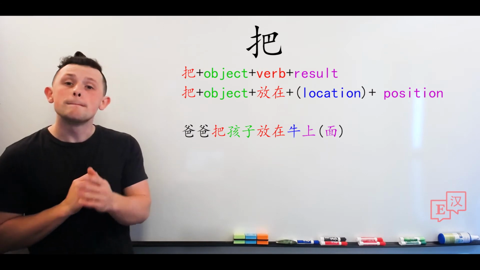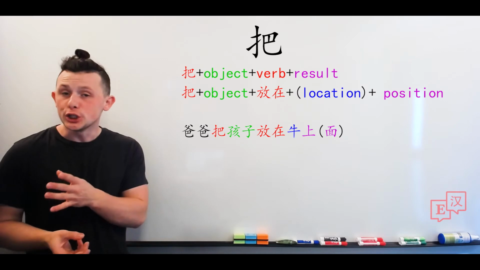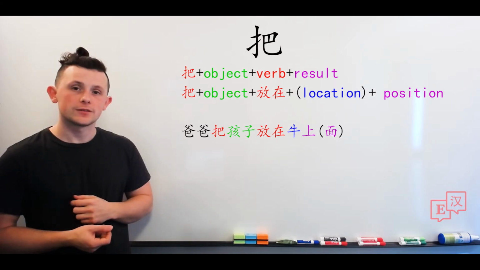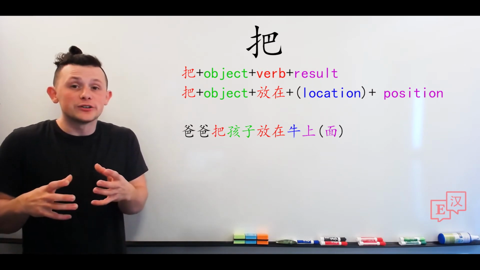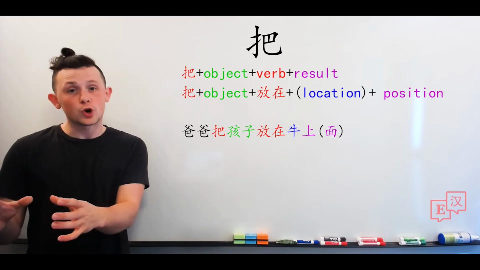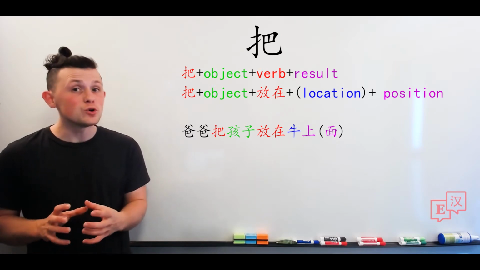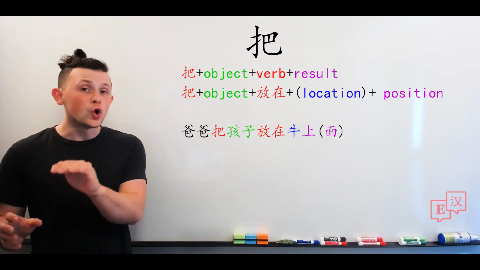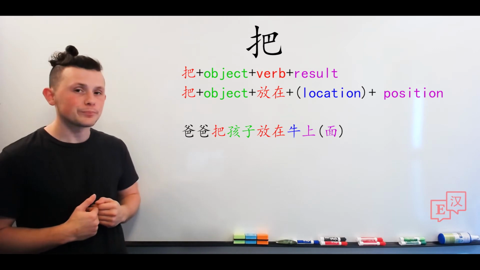爸爸把孩子放在牛上。Father took the child and put him or her on the cow. Ba, to take or to move, and then put the child 在牛上. 在, the cow's top or on top of the cow.